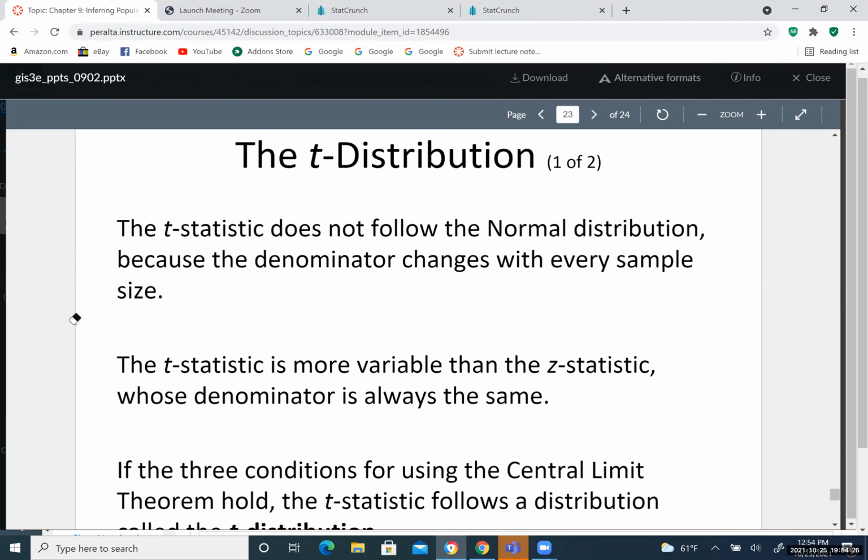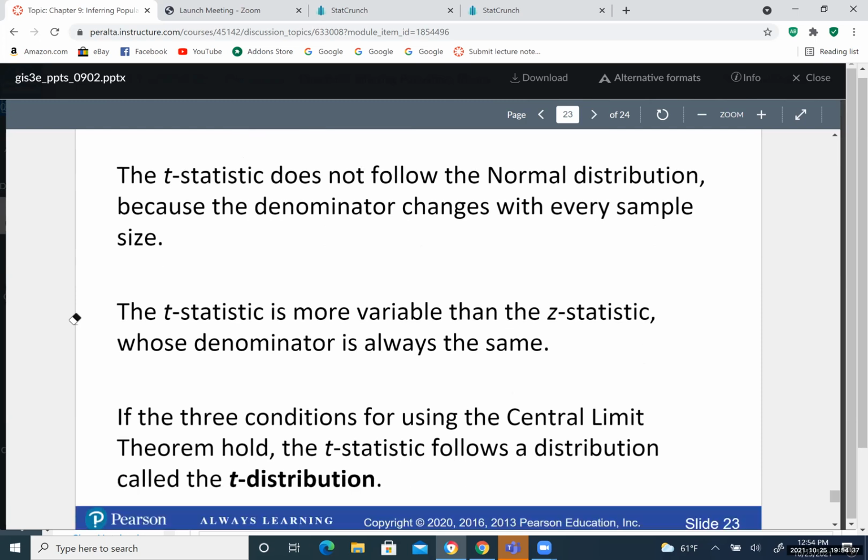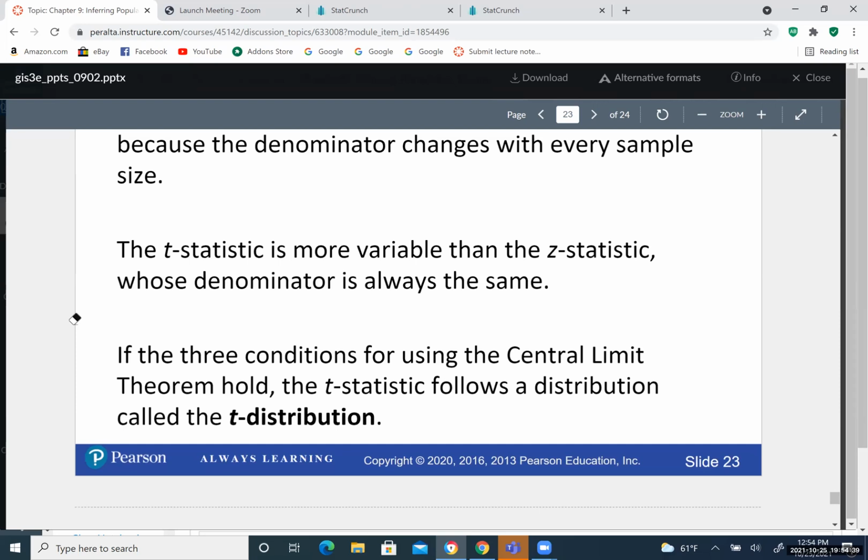The t statistic does not follow the normal distribution because the denominator changes with every sample. The t statistic is more variable than the z statistic, whose denominator is always the same. If the three conditions for using the central limit theorem hold, the t-test statistic follows a distribution called the t-distribution.